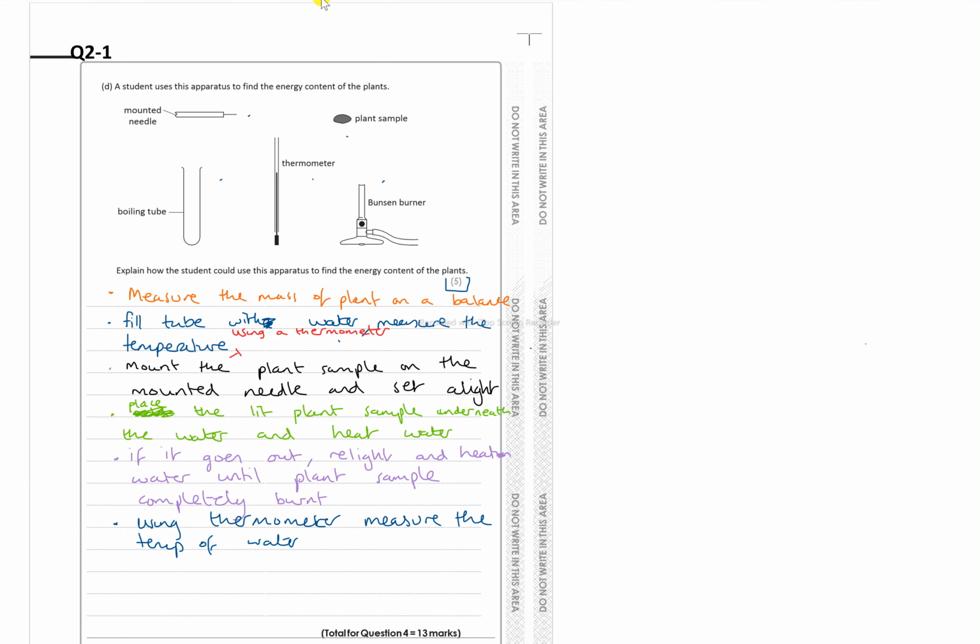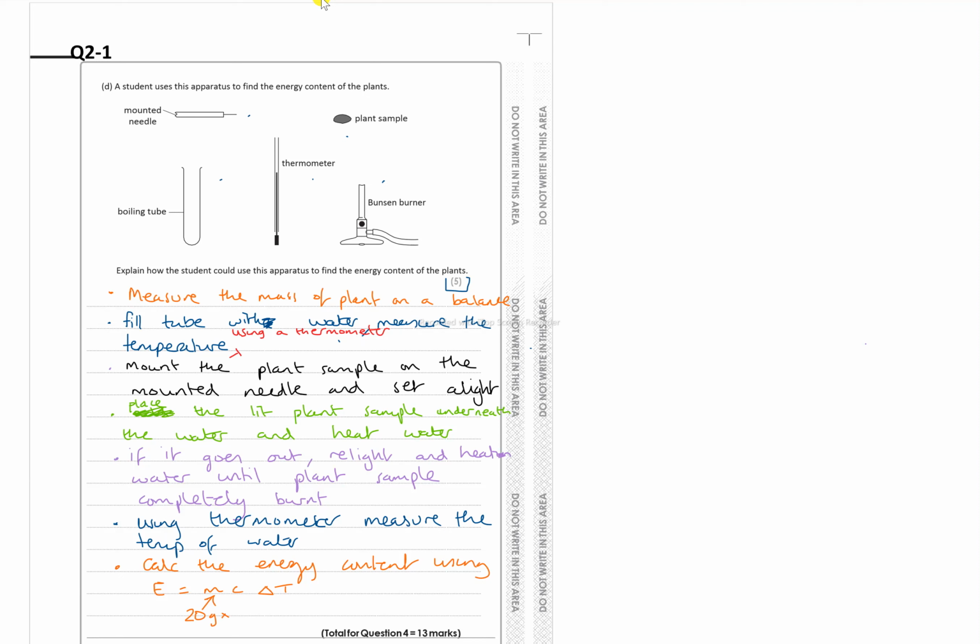What do we do next? We calculate the energy content using energy content equals MC delta T. M is the mass of the water, so if you've put in 20 ml, it'll be 20 grams.